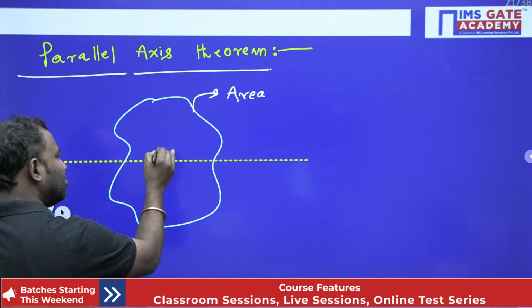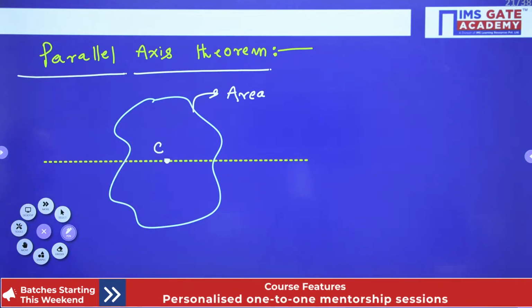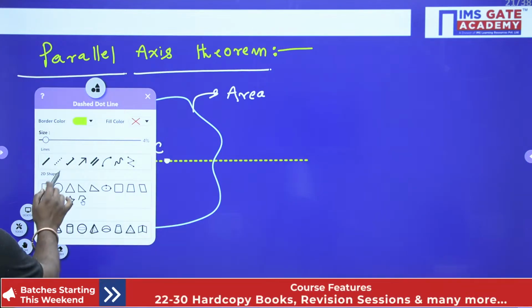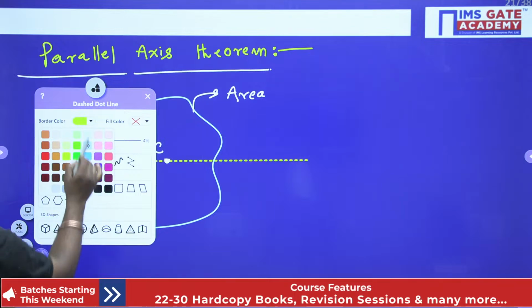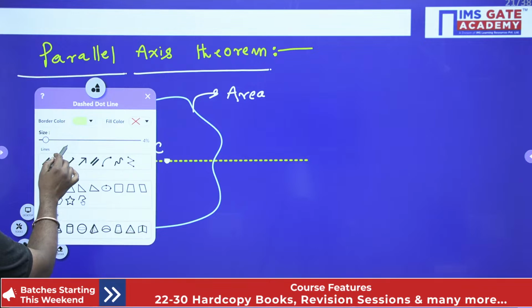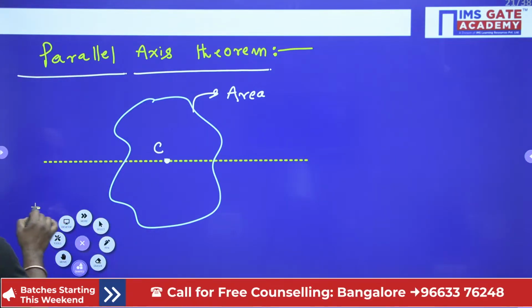This is the moment of inertia of this area about this axis, right? Now similarly, I have another axis.